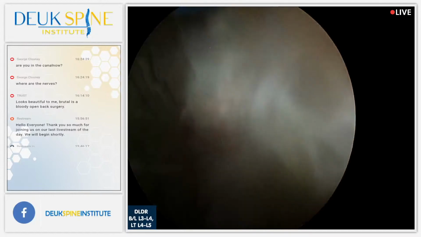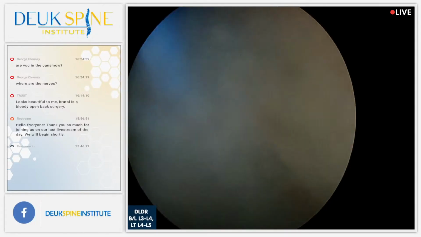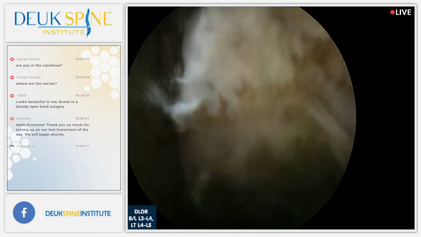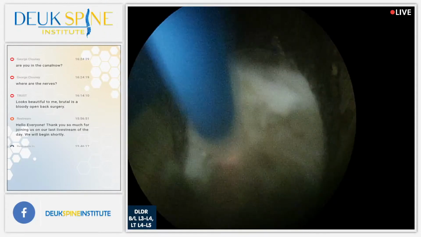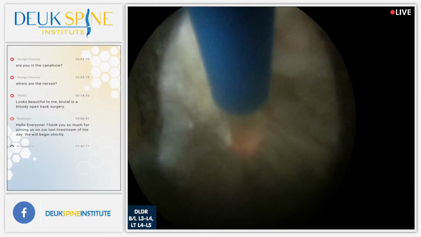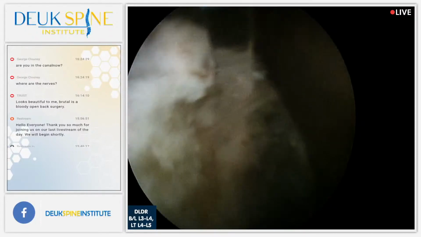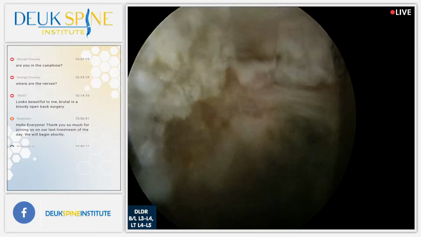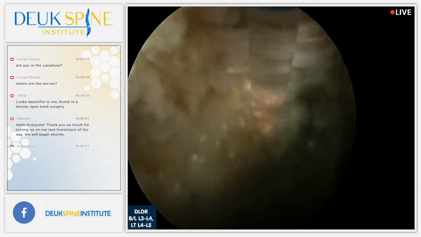There's still a little bit of herniation underneath the nerve, a little bit of fat right there, making it hard for me to see. But this stuff is pushing on the nerve, so I want to get rid of it. This is herniation still, and foraminal ligament. Ligament within the foramen. I think she's going to do fantastic.